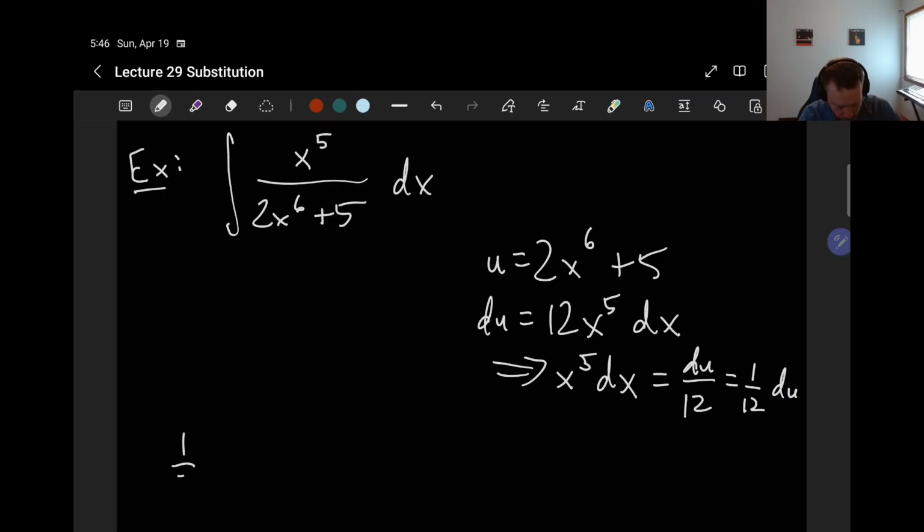All right, so my new integral has a 1/12 out front because x to the fifth dx is being replaced by 1/12 du. And here we have 1 over u.